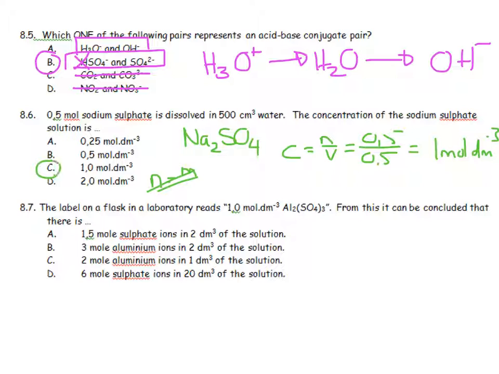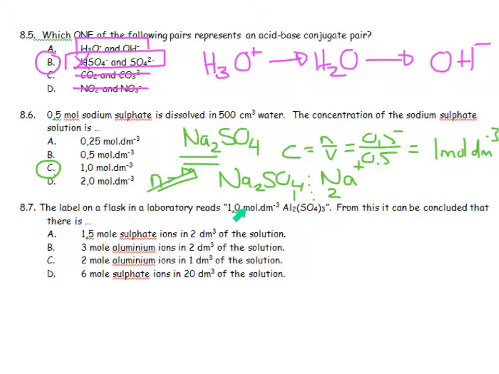If they asked me for the sodium ion concentration, remember for every 1 Na2SO4, I have got 2 sodium ions, so I would need to double that. The label on a flask reads the following. This can be concluded that, what have we got?